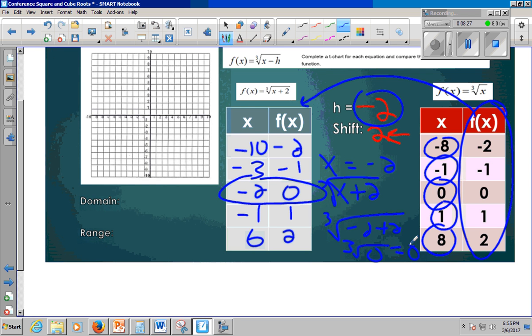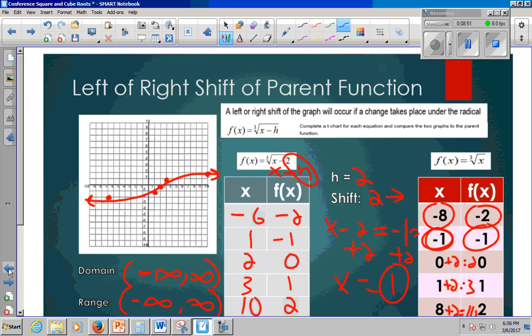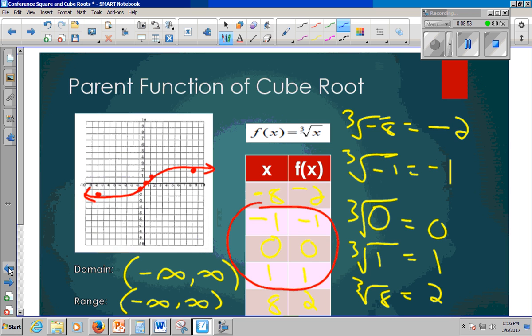Let's go ahead and plot these points. -10, -2, -3, -1, -2, 0, -1, 1, and 6, 2. All right. Okay, good. But you get the basic idea. This is going to be the shift 2 units to the left of the parent graph.